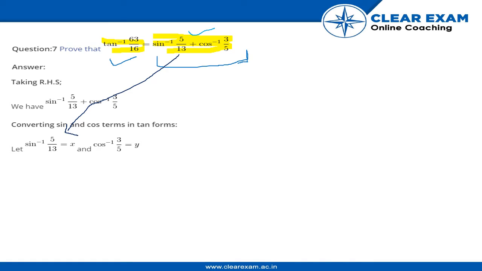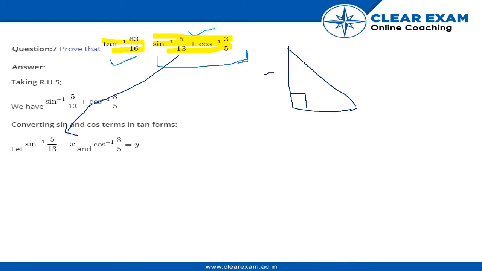So how do we do that? I actually prefer the triangle approach. We take a right angle triangle, and we have sin inverse 5 upon 13.